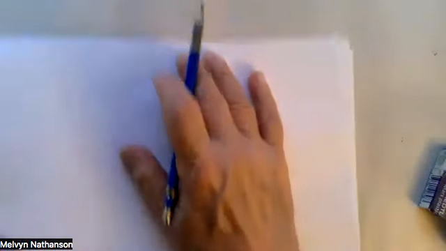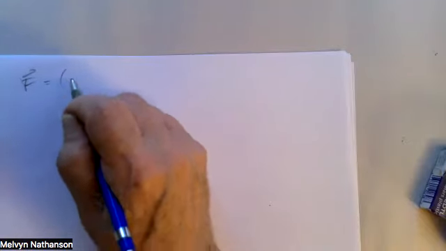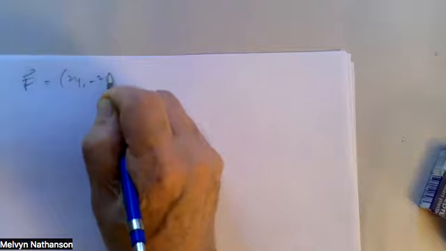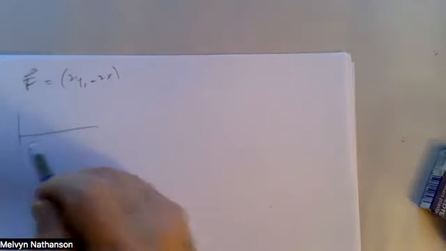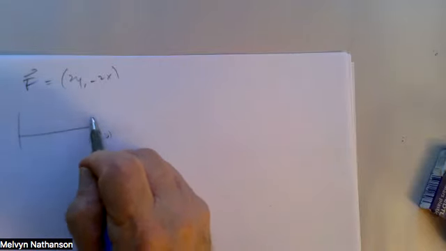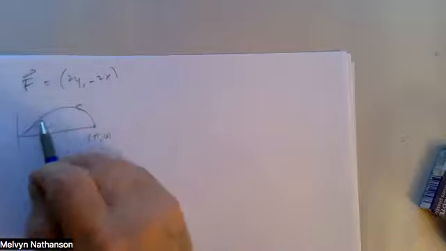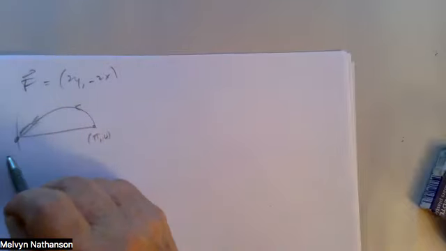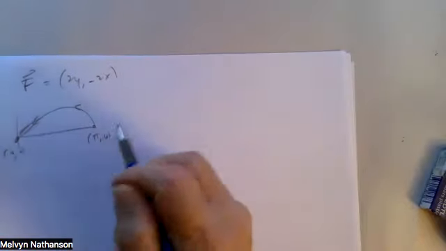We have the following picture. We have the vector field F, which is 2y minus 2x. And we have a curve which starts at pi comma 0, moves around the sine wave, and ends up at 0, 0.